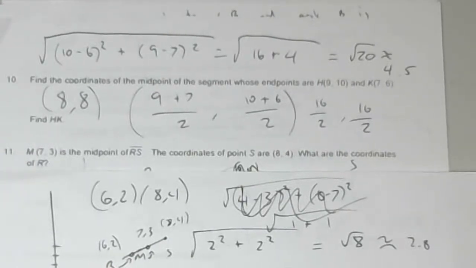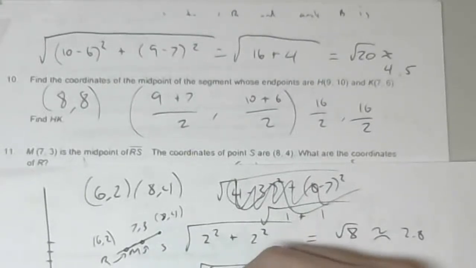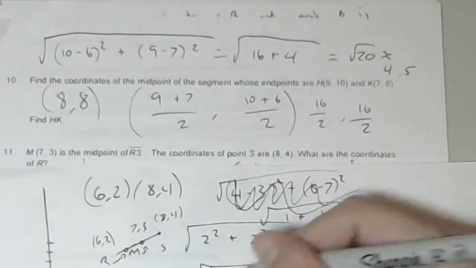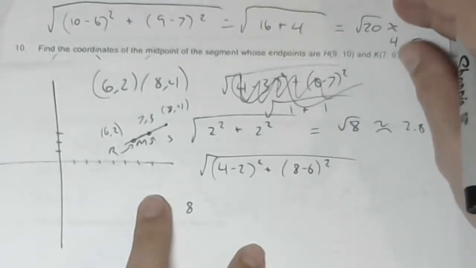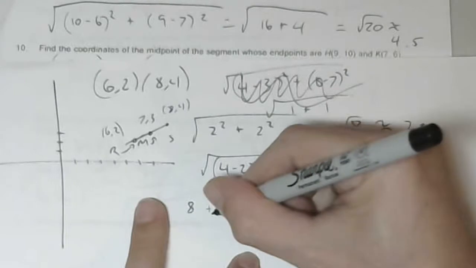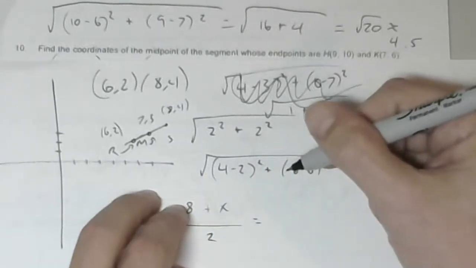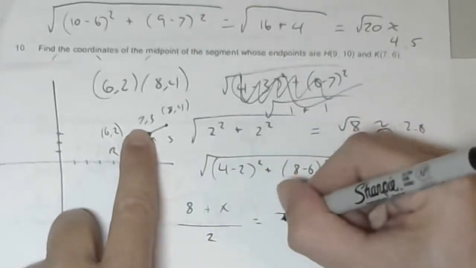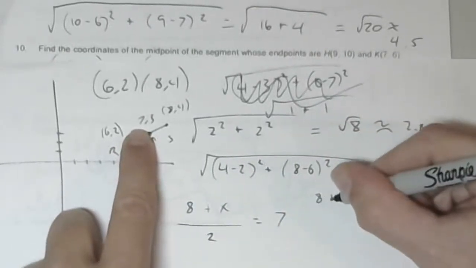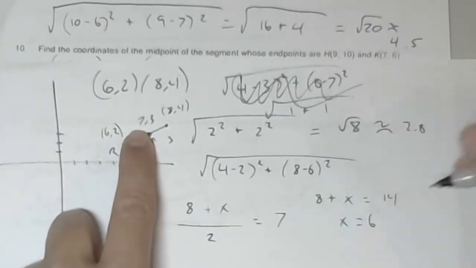Okay. What you're going to do is take 8 and add the x value to that, divide that by 2, and that's going to give you the x value of your midpoint, which is 7. 8 plus x equals 14, x equals 6.